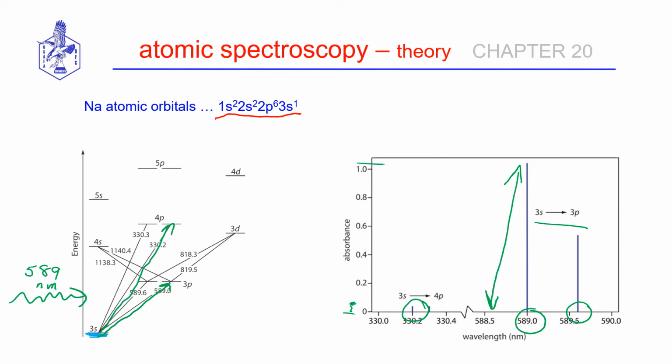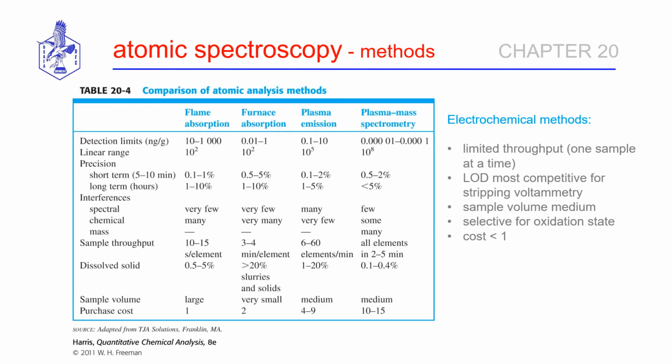That has to do with the statistical probability of that excitation happening. But the point is, we can identify sodium as an element in a sample if indeed we observe that that species, when presented in the ground atomic state, absorbs light at 589 nanometers.